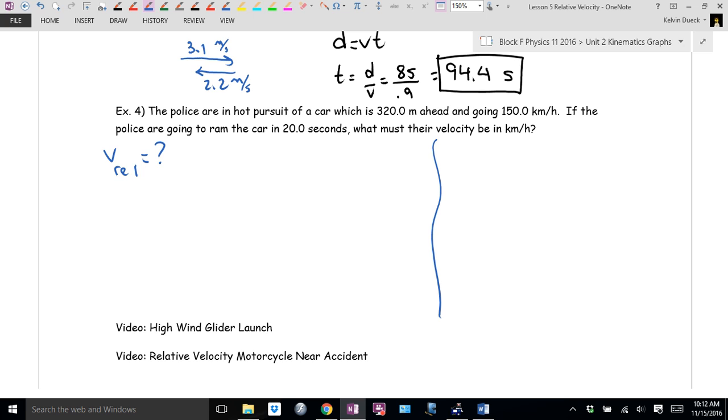If the bad guys were standing still, how far does the police car have to travel? How much time does the police car have to do that in?